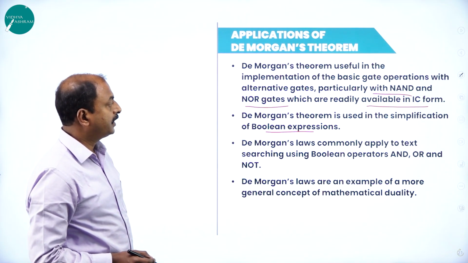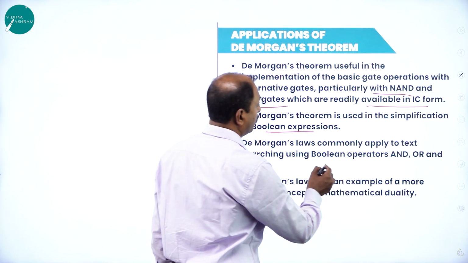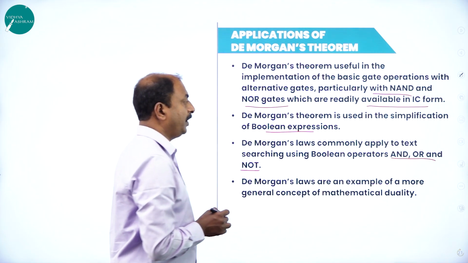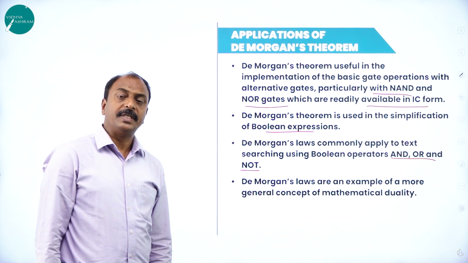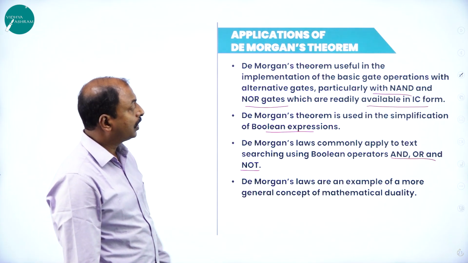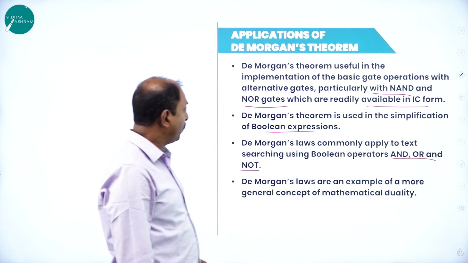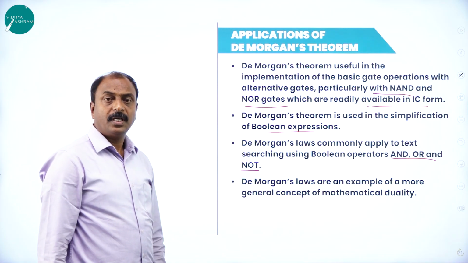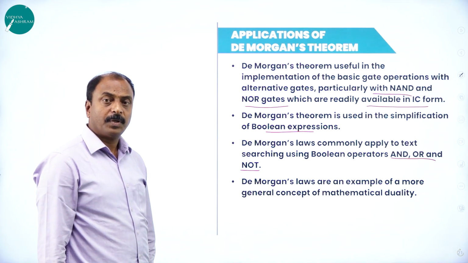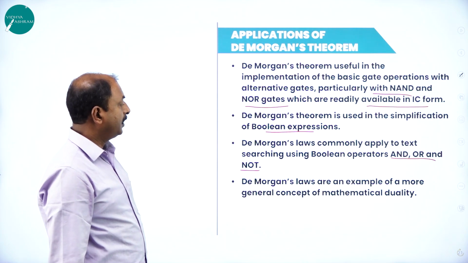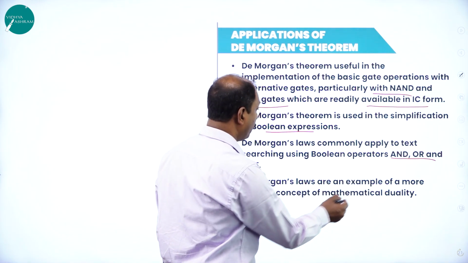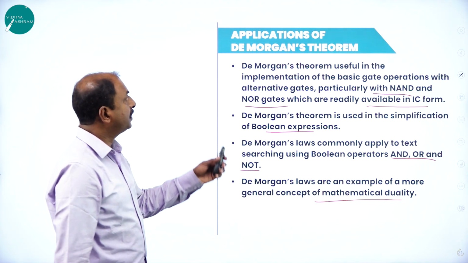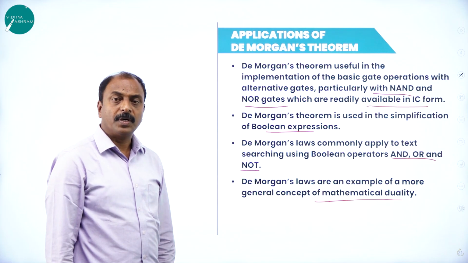Next, it is commonly applied in text searching using the Boolean operations AND, OR, NOT. Normally when we are looking for information on the internet, we can make use of AND or OR keywords and the NOT keyword. These are logical operations, and it is another application of De Morgan's theorem. De Morgan's laws are also an example of the more general concept of mathematical duality. So these are the different applications of De Morgan's theorem.